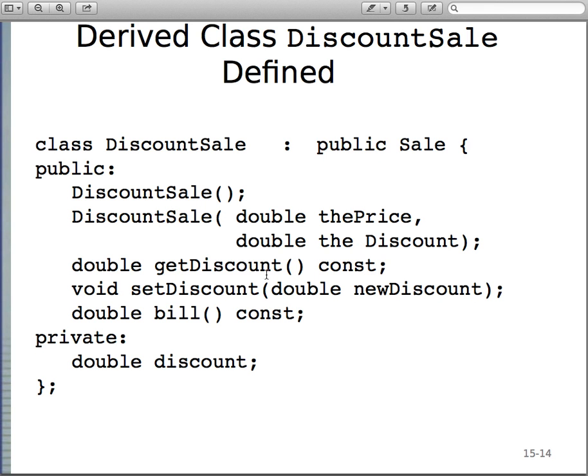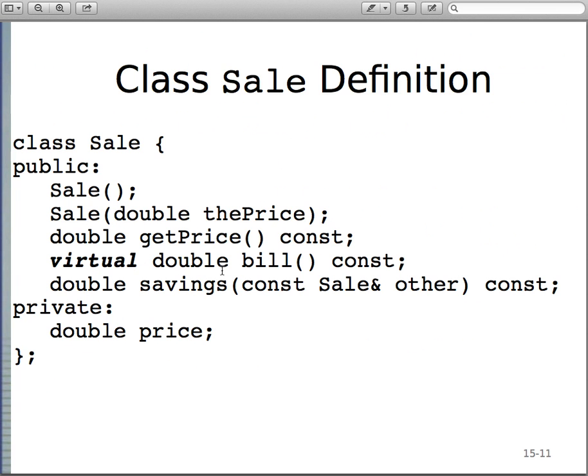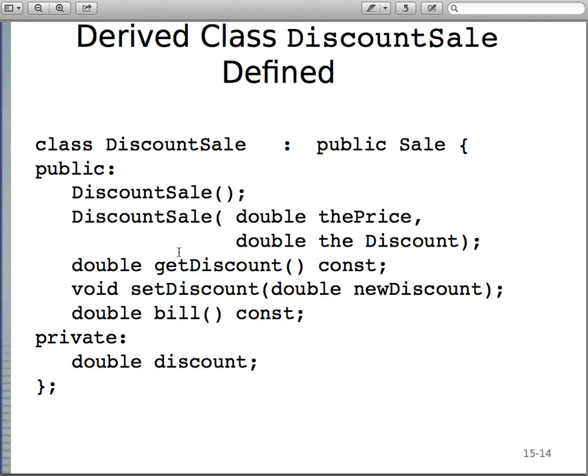And then in addition to the get price that you get from the sale class, and since it's public, you can use it in the derived class, you also have a getter method for the discount. So here's the discount data member. The price data member is in the superclass or the base class. You also have a setter for the same data member.